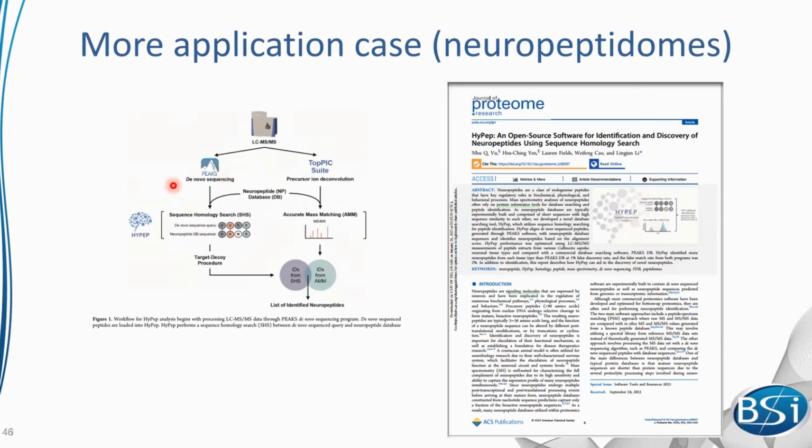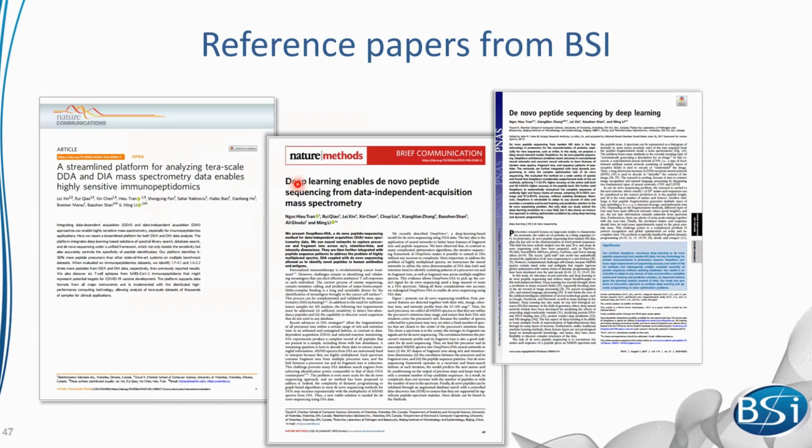They use the PICS DeepNovo sequence. Based on this, they developed their own algorithm to research neuropeptides and peptidomes. And here are some papers from our BSI describing our PICS online platform and the DeepNovo algorithm. If you're interested, you can follow these papers.